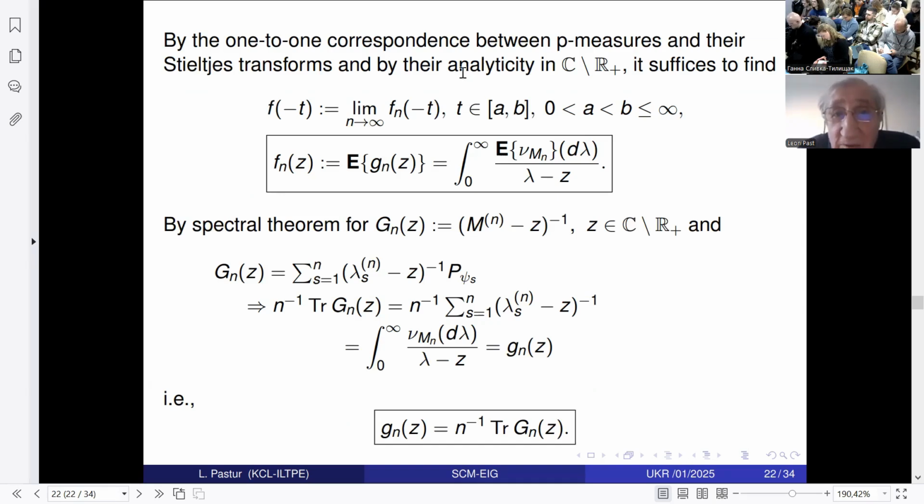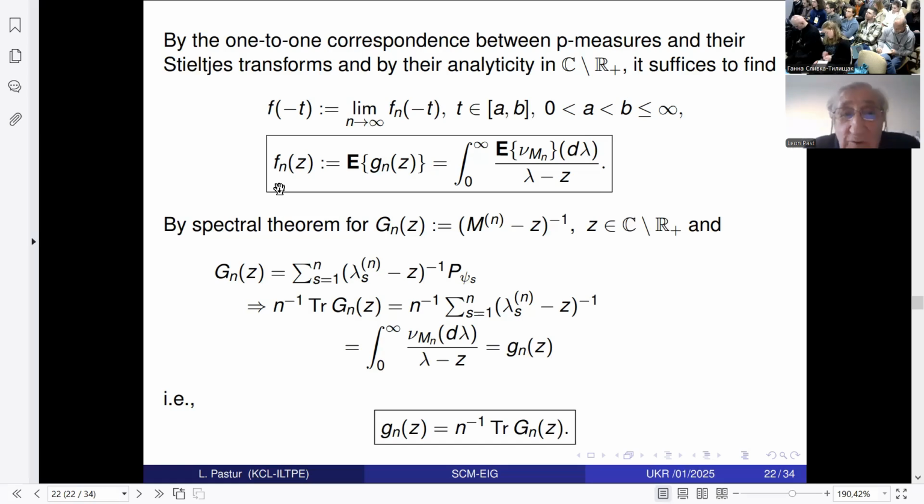So I would like to prove. You remember that there is a one-to-one correspondence, which is continuous, by the way, between the measures and Stieltjes transforms. Therefore, instead of proving that there is a limit of expectations, we could prove that there is a limit of these analytic functions. And since they are analytic, I believe you know that an analytic function is uniquely determined by its values on any compact set of the complex plane.